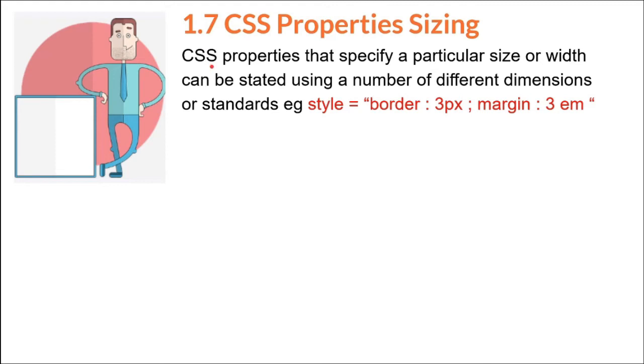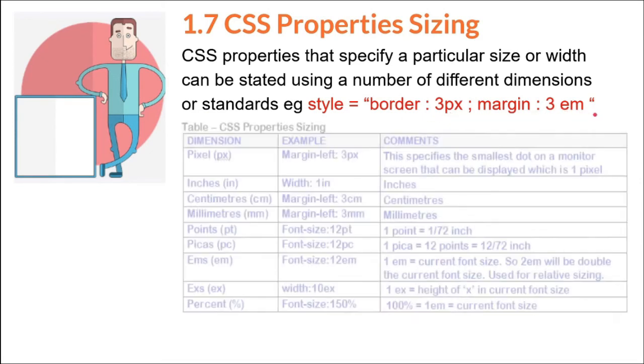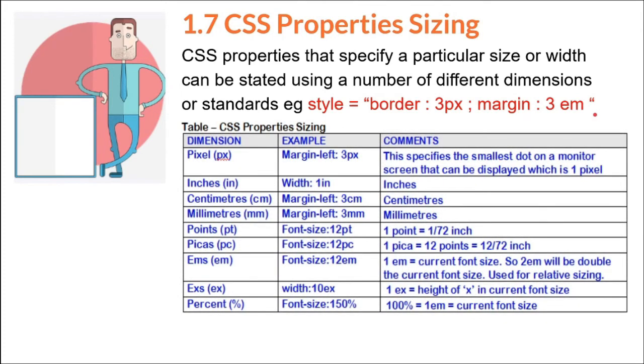CSS properties that specify a particular size or width can be stated using a number of different dimensions or standards. For example, border is 3 pixels, margin is 3 EMs. In this table below, we can see the different dimensions that we can use.